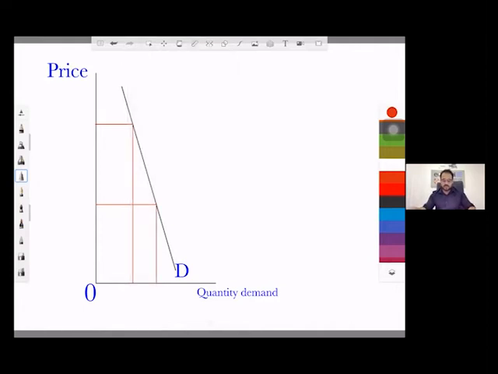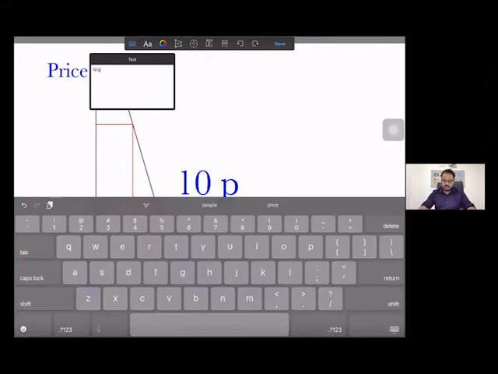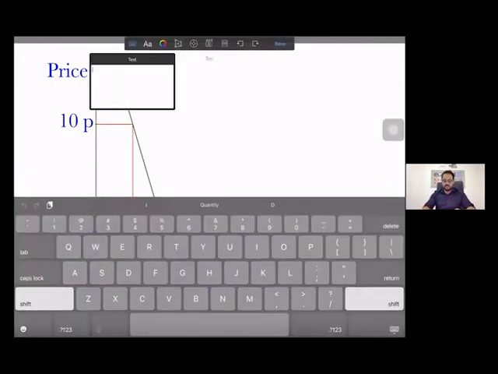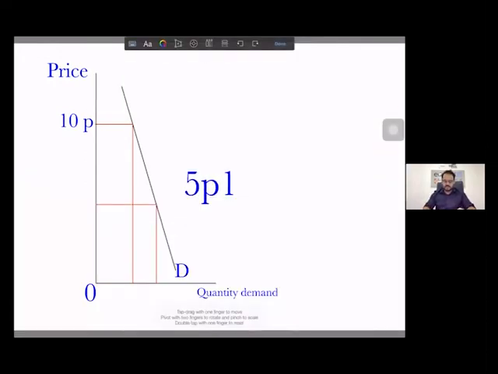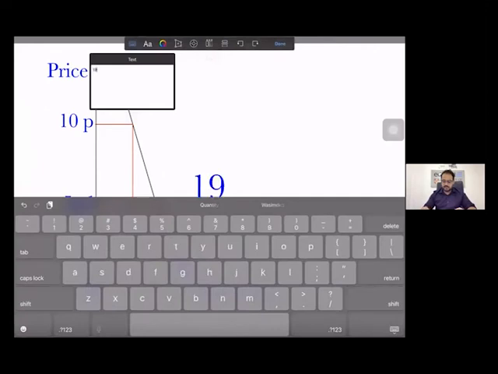So I'll give the values there to make it easier. Price used to be 10, and the new price is going to be 5. P1. Quantity used to be 100.